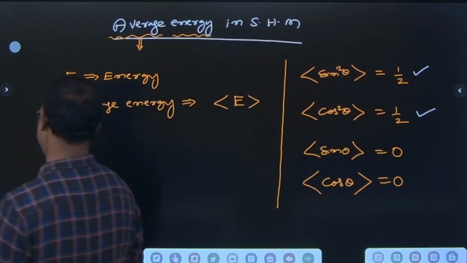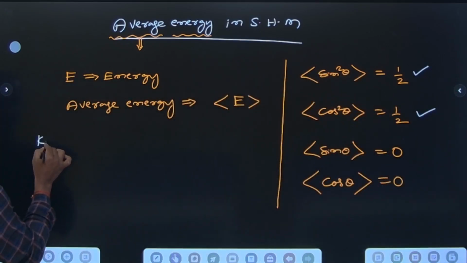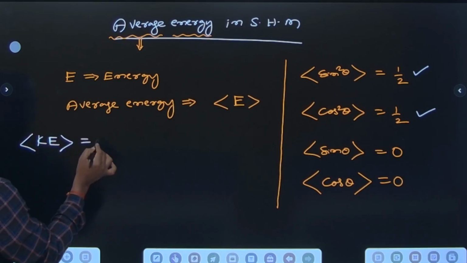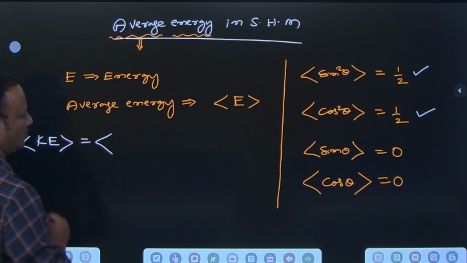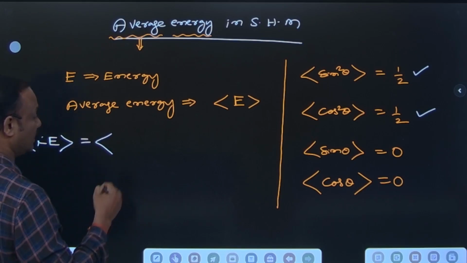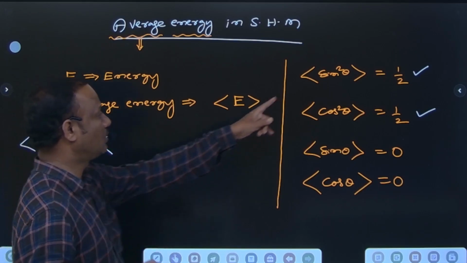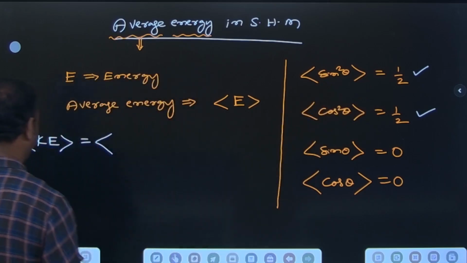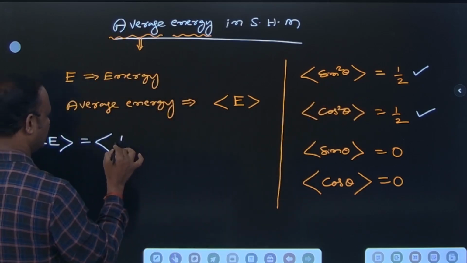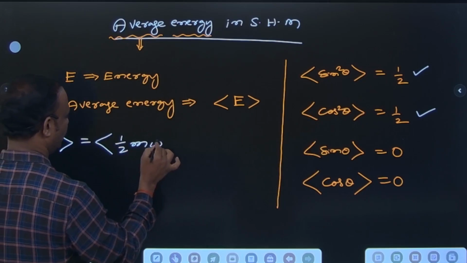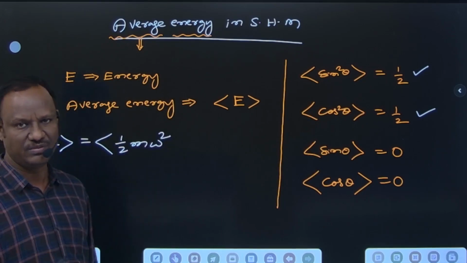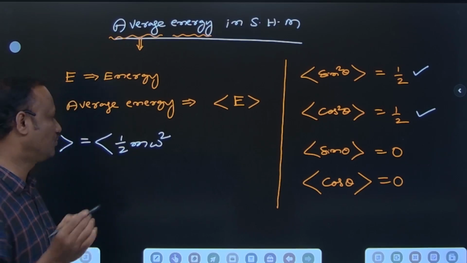Now I want to write the average value of kinetic energy. What is the formula for kinetic energy in time dependent form? Because we are writing in harmonic functions, kinetic energy is half m v square, where v is a omega cos omega t.